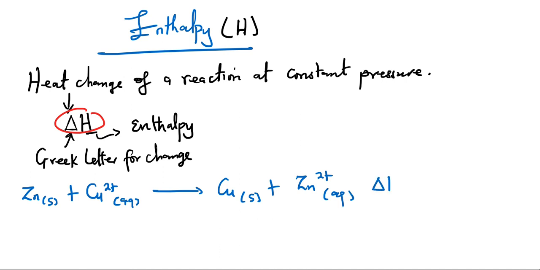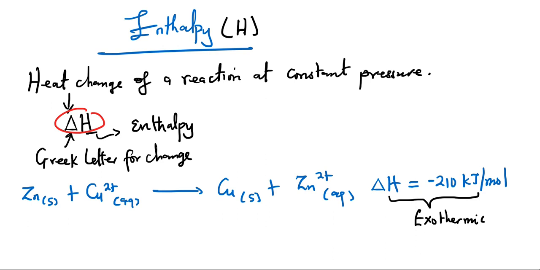The delta H for this reaction is minus 210 kilojoules per mole. So from the previous lesson, we said anything that has a negative delta H sign means it's an exothermic reaction. And we can draw the energy profile diagram for this based on previous explanation.